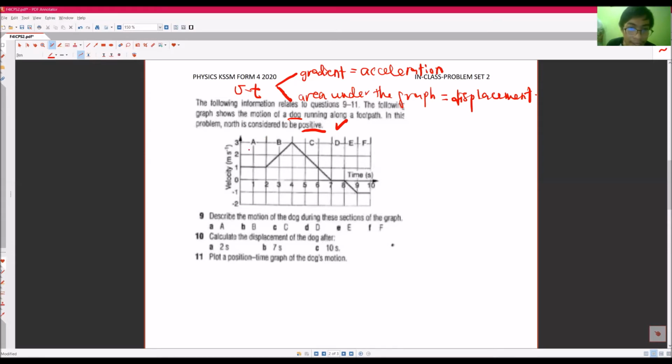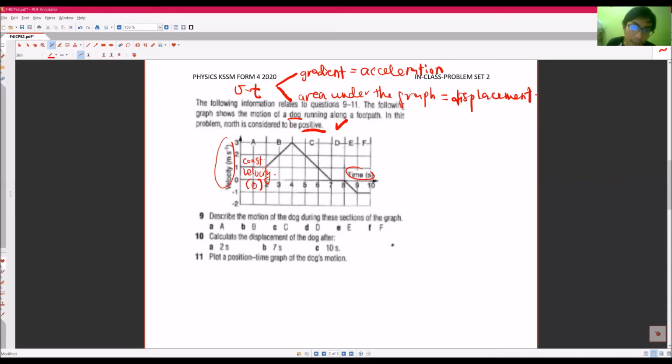So for the A section, this is the velocity time graph. Its velocity doesn't change, so it's moving in uniform or constant velocity. Constant velocity doesn't change, so it has zero acceleration because the gradient is zero.